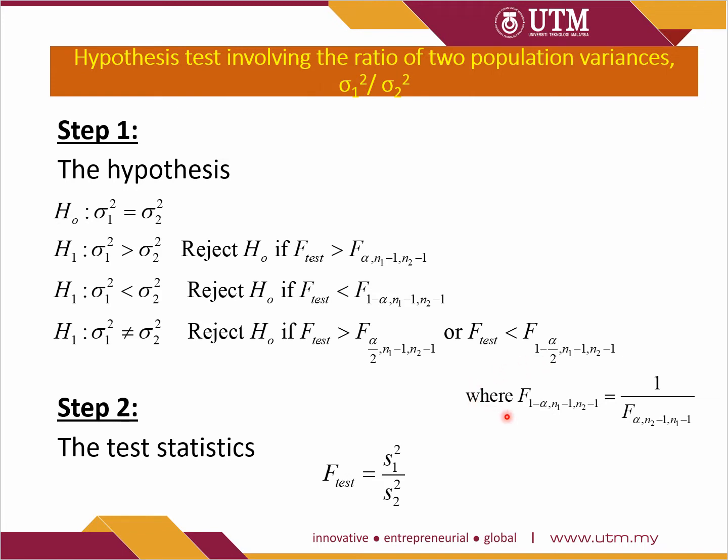We can also find F 1 minus alpha, n1 minus 1, n2 minus 1, which is equivalent to 1 over F alpha, n2 minus 1, n1 minus 1. So you can see the degrees of freedom change. The test statistic for the ratio of two population variances is F test equals s1 squared over s2 squared.